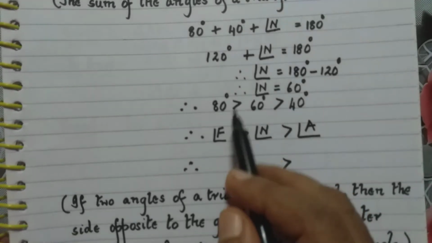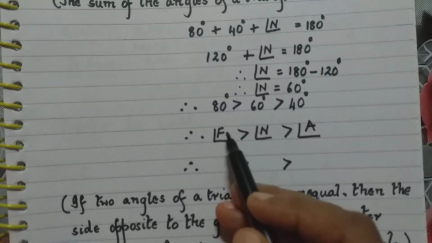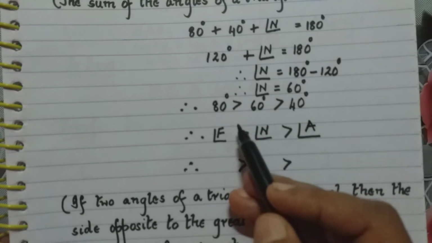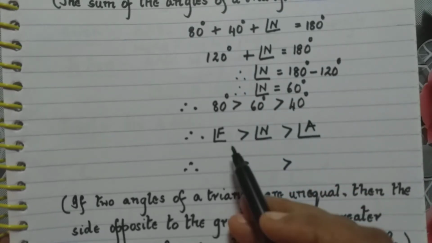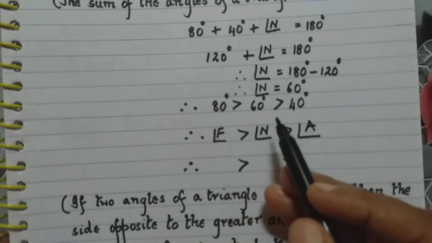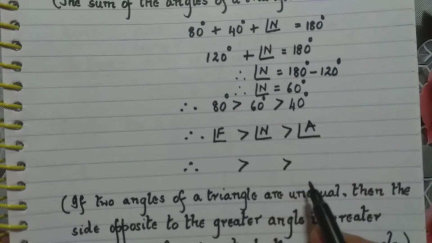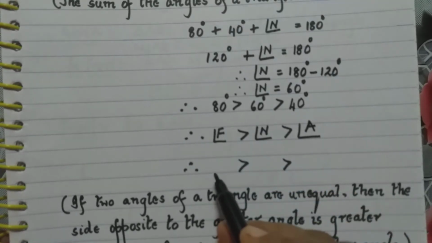So, now what have we to see? We have to see the side opposite to angle F. So, the side opposite to angle F will be greater than the side opposite to angle N, which will be greater than the side opposite to angle A. Now, how to find the side opposite to angle F?